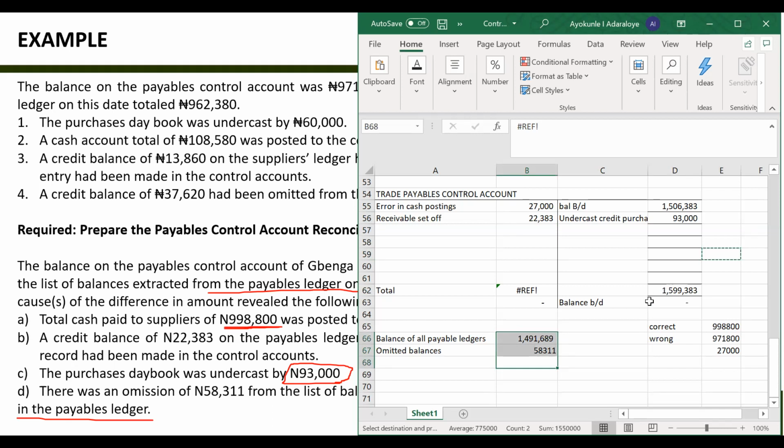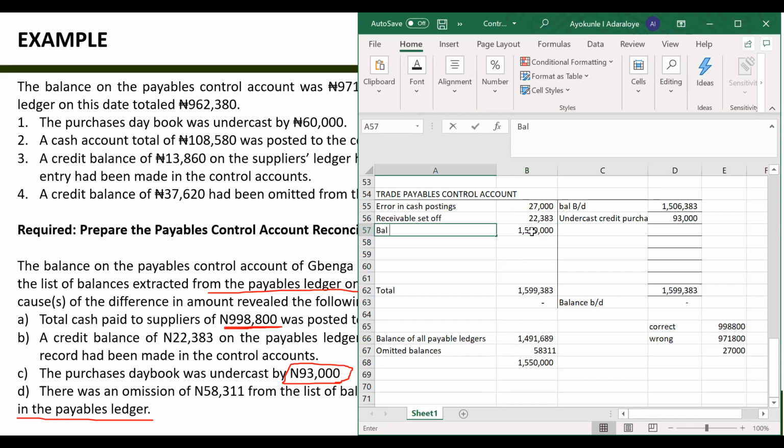Is it balance carried down or balance brought down? Our balance brought down will be the same amount. You can see the solution here in bold.